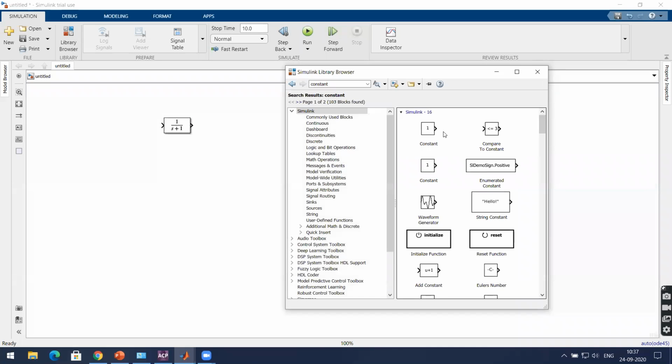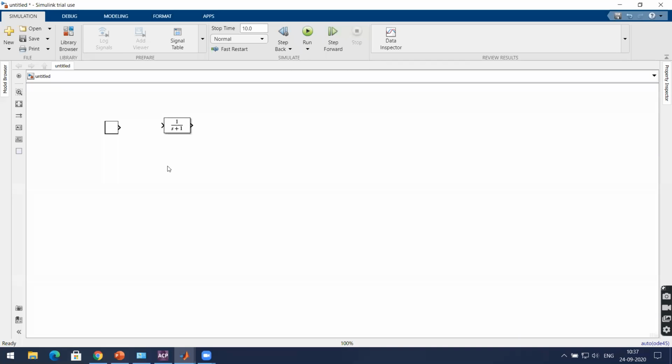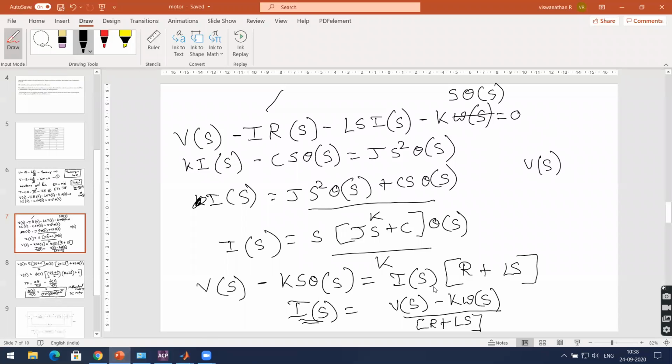Take a constant; this is to supply the voltage. Then you have this V of s over here, and this is V of s minus K omega s, multiplied by this 1 divided by R plus Ls, which is in the denominator.